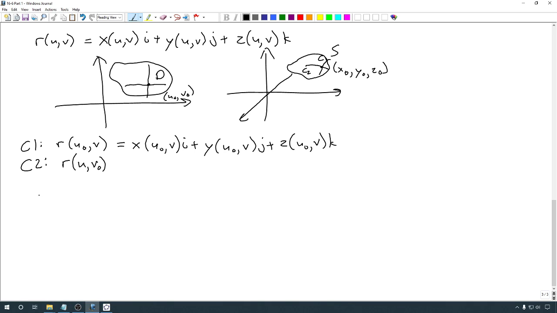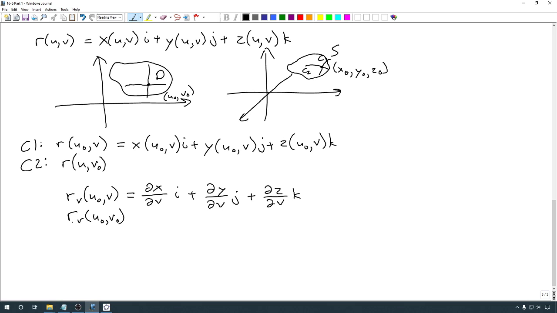So for the tangent vector to C1, we would take the derivative with respect to v, which is the derivative of x with respect to v, the derivative of y with respect to v, and the derivative of z with respect to v. Technically, we want the vector at the point x naught, y naught, z naught, or the graph of the point u naught, v naught. So we replace the v here with v naught after we've taken the derivative.